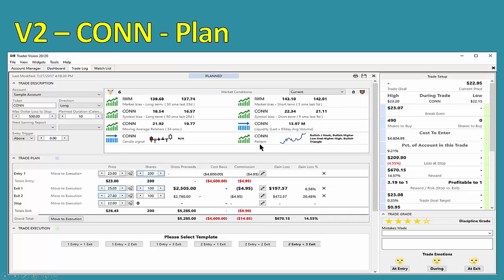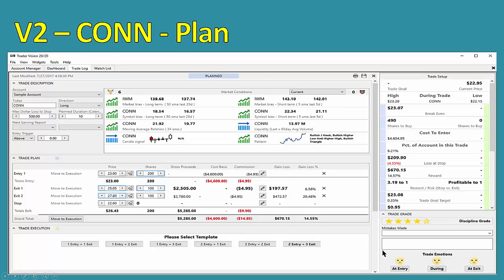We're also working on getting it to identify the next earning report. The problem is a lot of those things aren't reported too far ahead of time. The other thing that really is an improvement, in my opinion, is that you can grade your own discipline on the trade. You can list the mistakes that you've made, and you can identify your emotions at the time of entry, during, and at the time of exit.